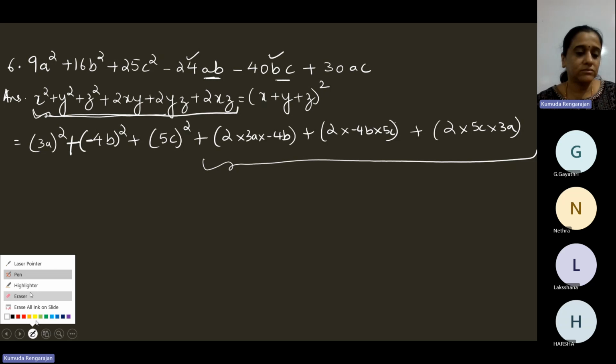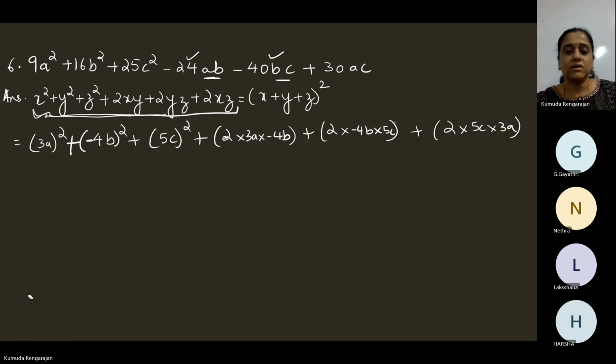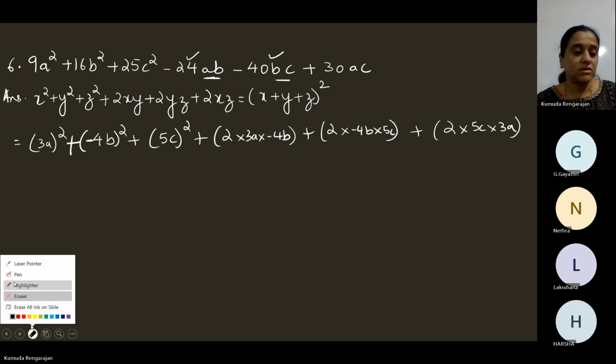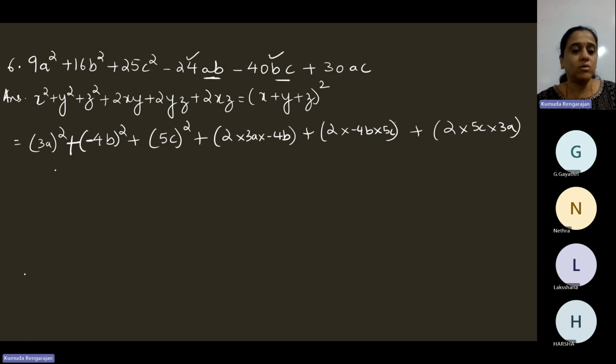Multiply and check. 6, 24, minus 24 AB, yes. 8, 40, minus 40 BC, yes. 10, 30, 30 AC, yes. All terms match. So what is your X then? 3a. What's your Y? Minus 4b. What's your Z? 5c. That's it.